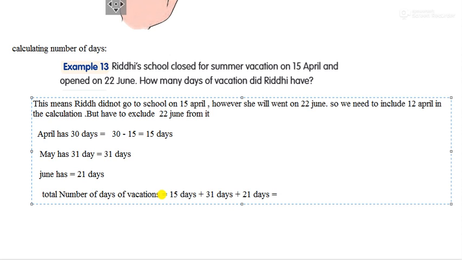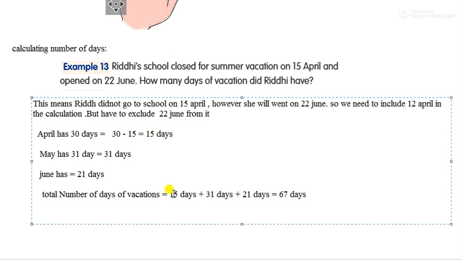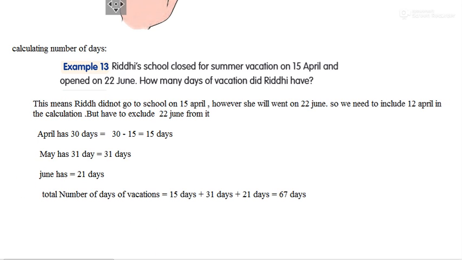She has 67 days. She has a total of 67 vacation days. So we have to calculate like this. Calculation of the number of days.